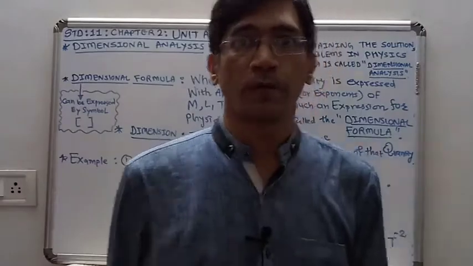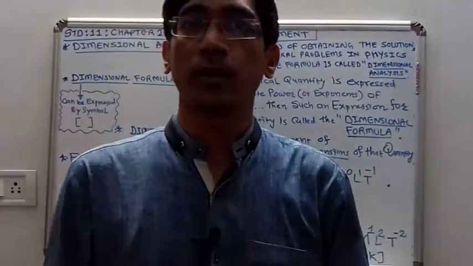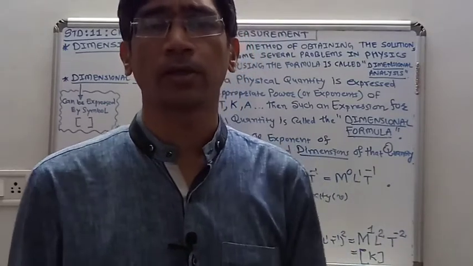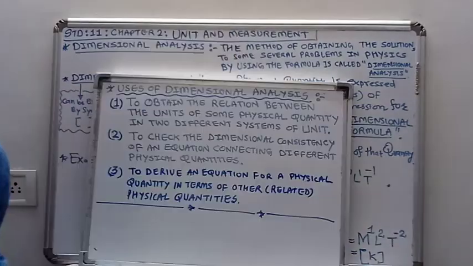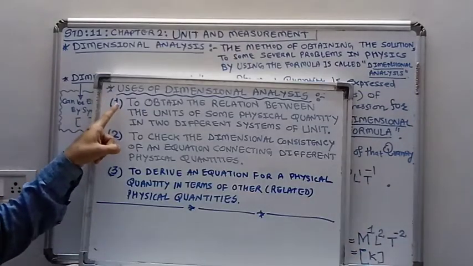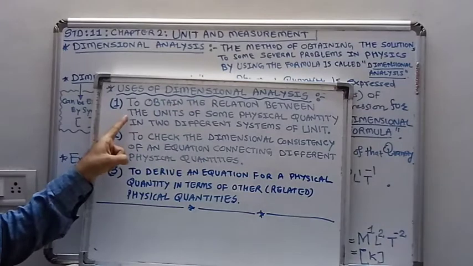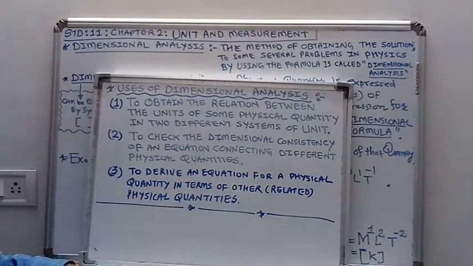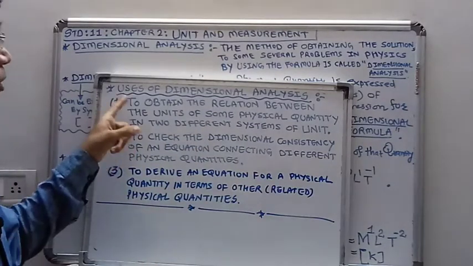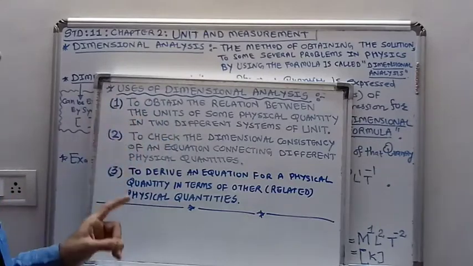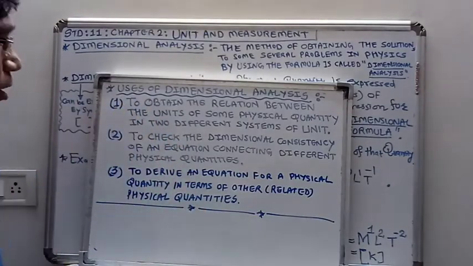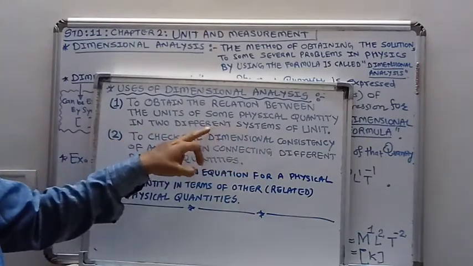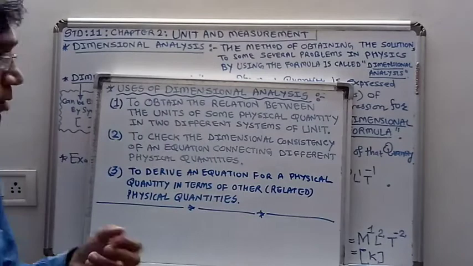Now dear friends, we are taking the uses of dimensional analysis. The first use is to obtain the relation between the units of a physical quantity in two different systems of units. Here the two different systems of units may be MKS and CGS.